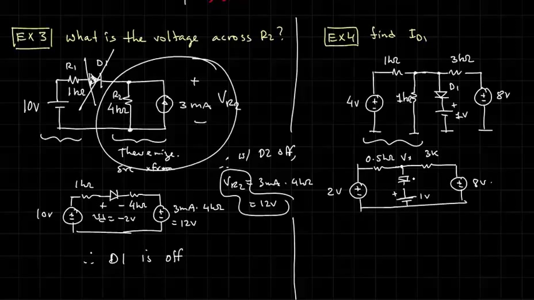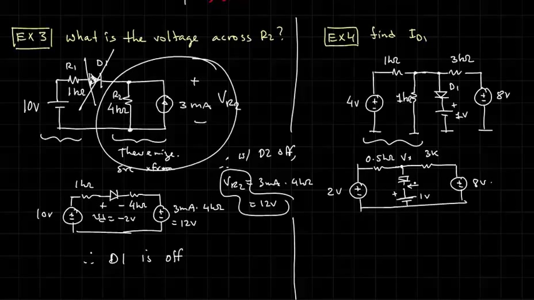If I solved the circuit without the diode D1 in there, and I solved for Vx, if it turns out that Vx is less than 1 volt, then that would mean that the diode D1 would be off, right? Because the cathode end of the diode is sitting at 1 volt due to the battery.